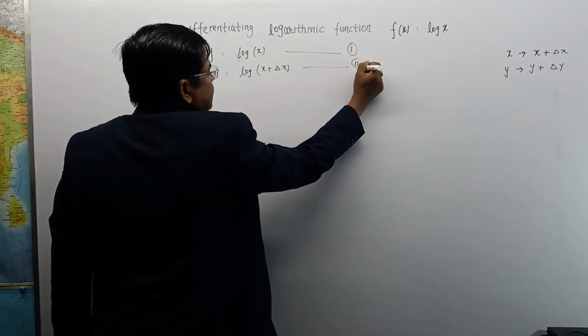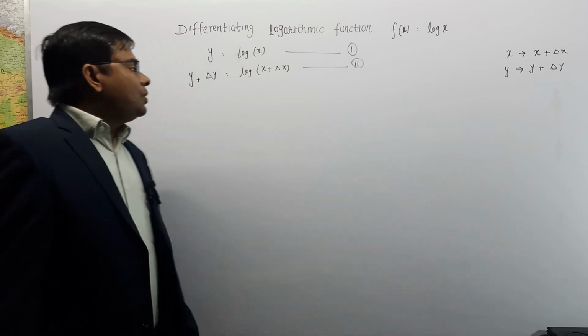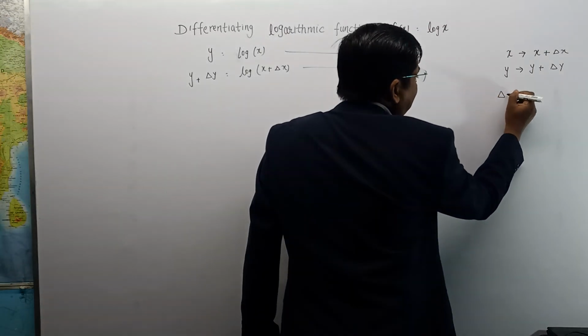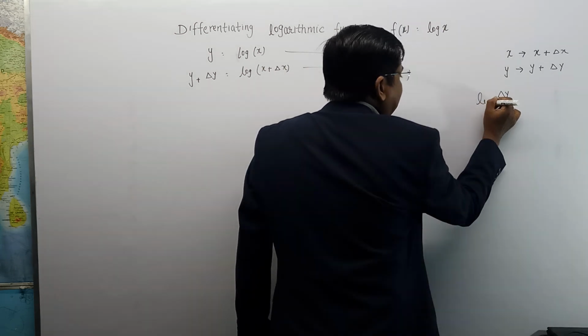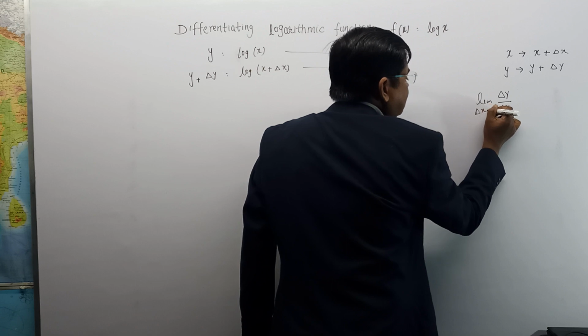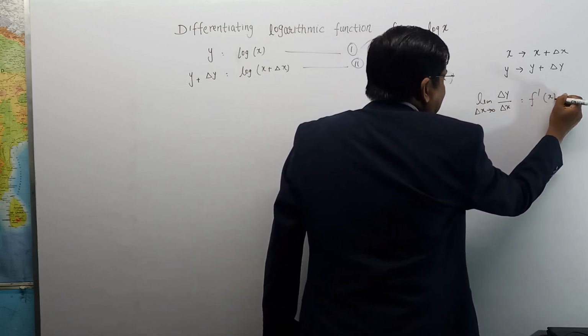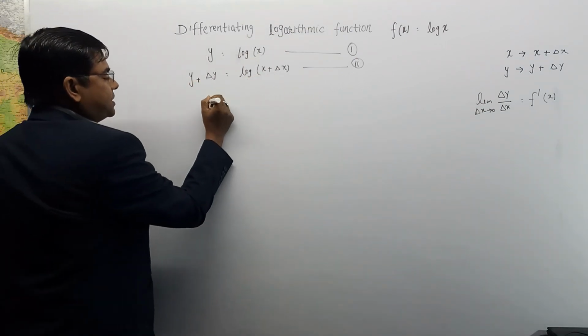Okay, so this is equation second, right? अब हमारे पास दो इक्वेशन आ गए। So in order to find delta y over delta x, limit delta x tends to 0, which is the differentiation of any function of x, we have to find del y.